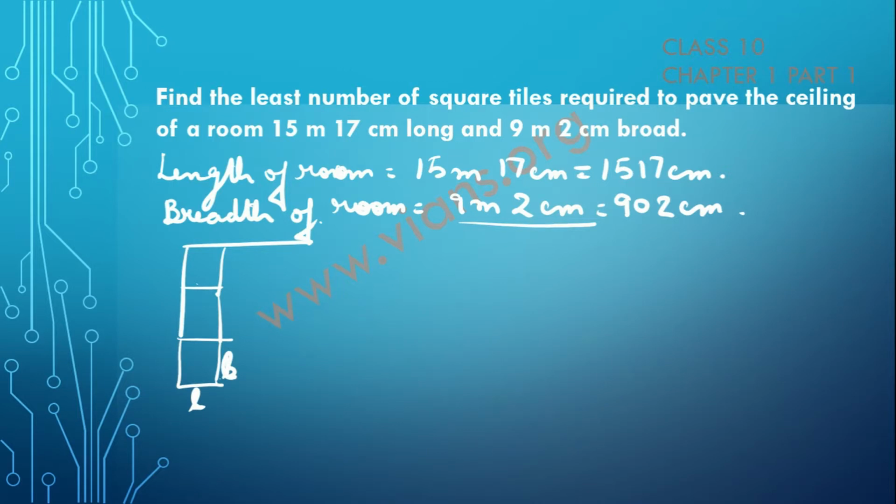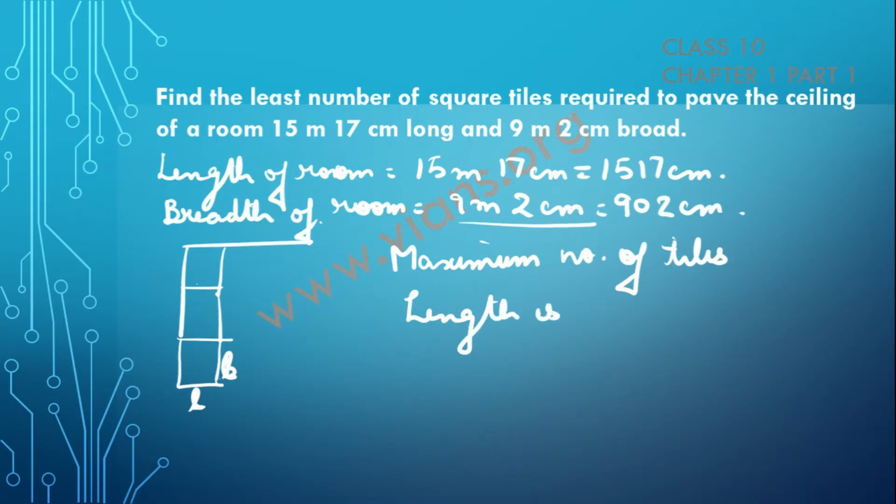So basically you should be finding the number of tiles such that their length is maximum. It's not the maximum number of tiles, it's the minimum number, so that the number of tiles required is minimum.